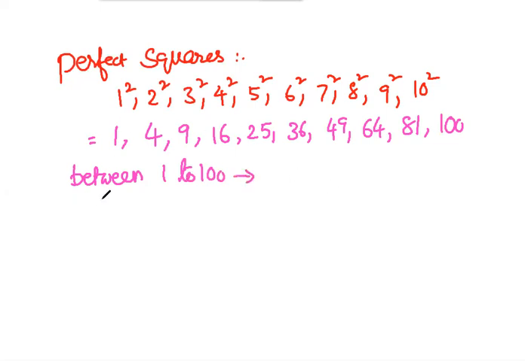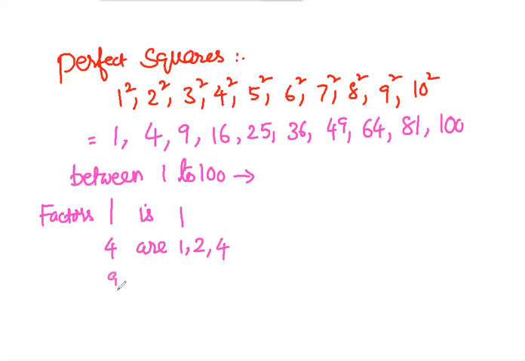So let us find the factors of these perfect squares. Factors of 1: 1. Factors of 4, not factors of 3, because 3 is not a perfect square. So factors of 4 are 1, 2, 4.